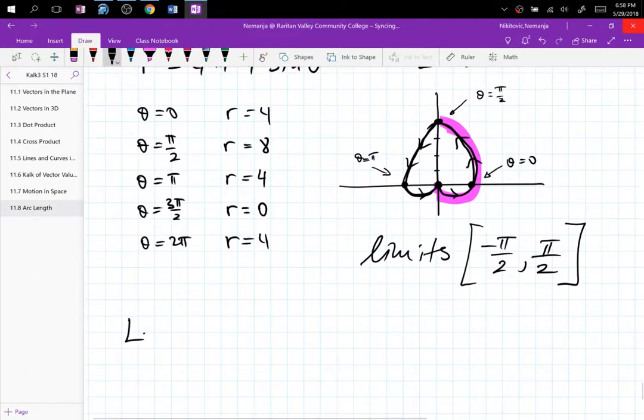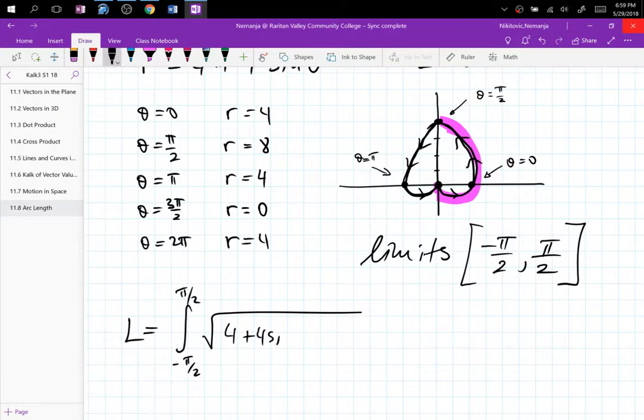So now we have our L equal to the integral from negative pi over 2 to pi over 2 of the square root of (4 plus 4 sine theta) squared plus the derivative of this, which is 4 cosine theta, squared. Pay attention. So 4 cosine theta squared d theta.